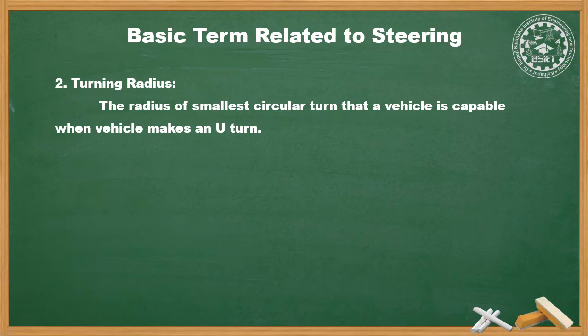The radius of the circle on which the outside front wheel moves when the front wheel turns to extreme outer position is known as turning radius. Turning radius varies from 5 meter to 8 meter for passenger car and can be up to 15 meter for bus and truck. It is proportional to the wheelbase of a vehicle.